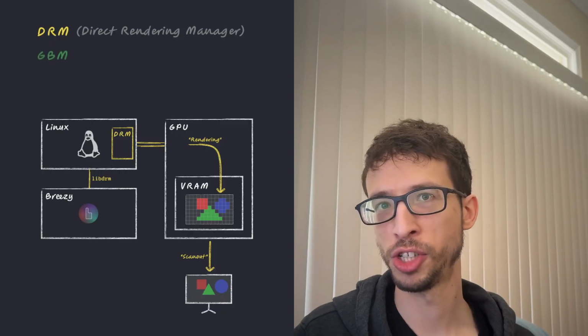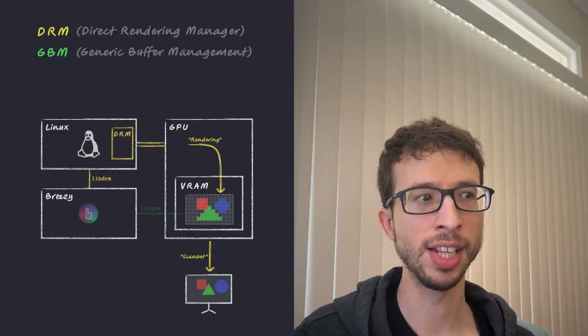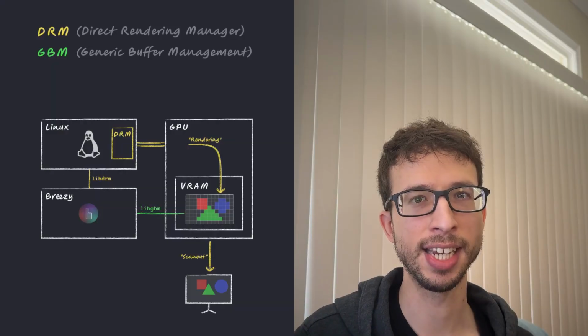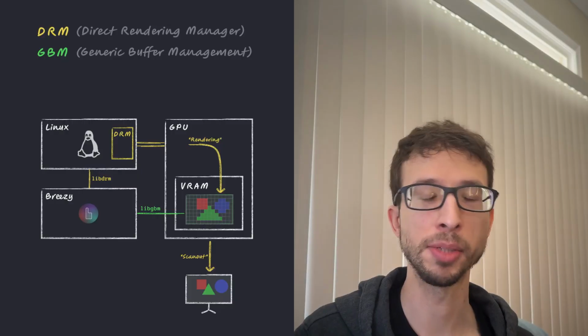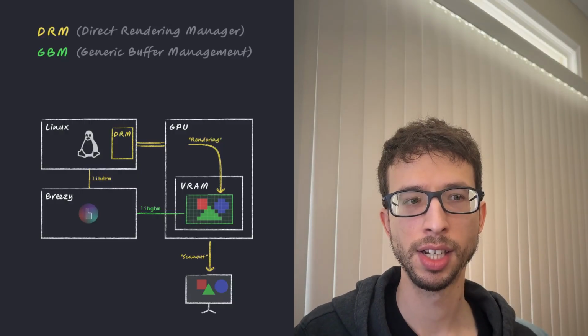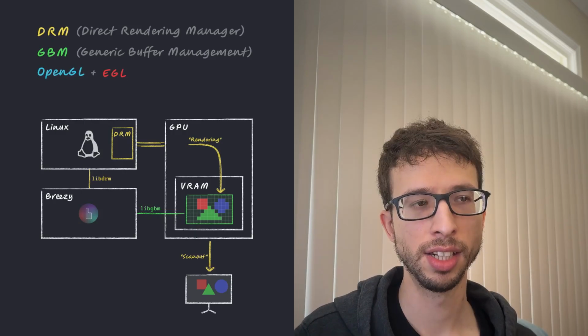Next up is GBM, which stands for Generic Buffer Management. This is a library that makes it a lot easier for us to allocate memory on our GPU. So primarily this is going to be for allocating our display buffer. After that, we'll be talking about OpenGL and EGL.